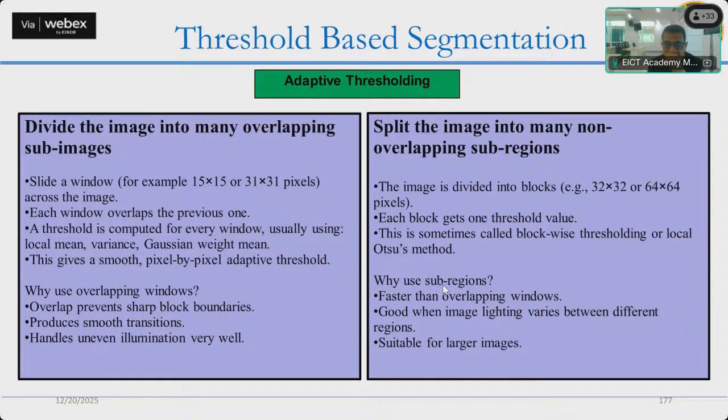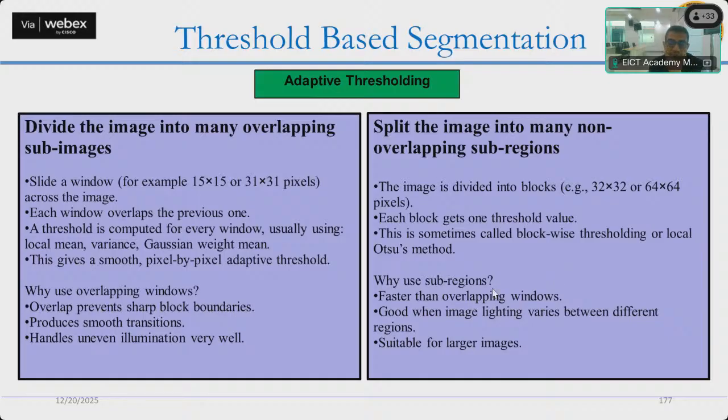We also use subregions. It is faster. Here we are using overlapping sub-images, and here you are using non-overlapping. But remember, the choice is definitely non-overlapping, though sometimes overlapping is more possible. Here the image is divided into blocks, and each block gets one threshold, sometimes called block-wise thresholding.